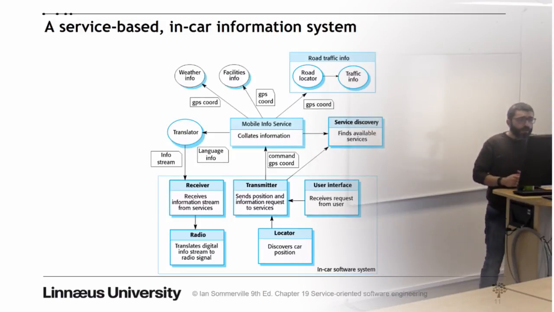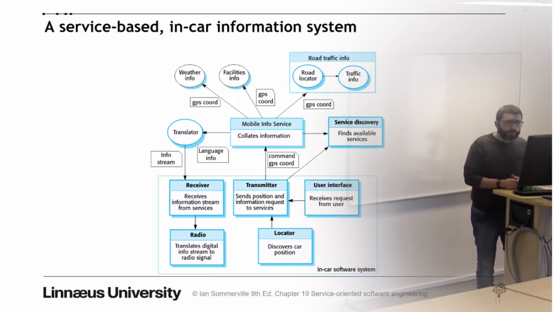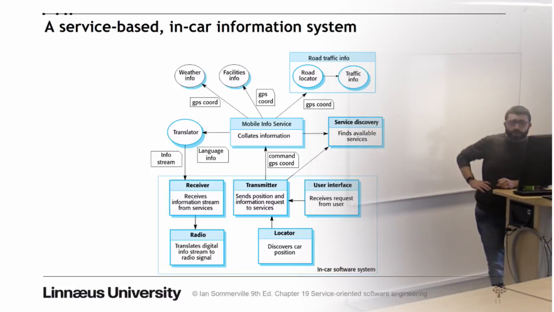Then on the remote side, so outside the car, what we have is a set of services. Very important is this service discovery. This is an engine that allows us to find available services. In our case, we use the GPS position in order to find the services of interest.